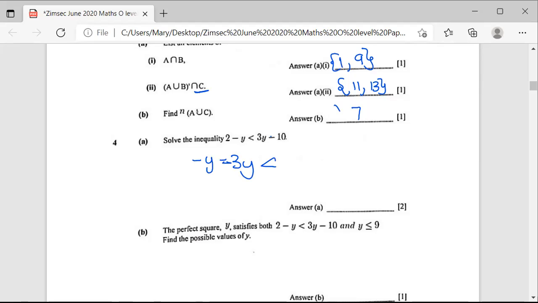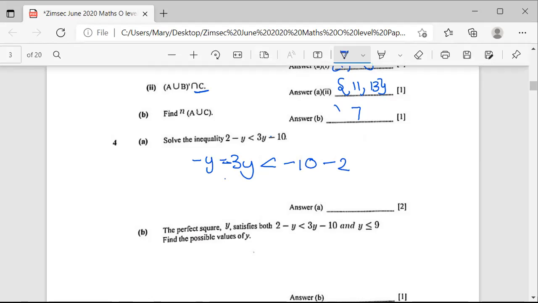Minus 10 minus 2, which is equals to minus 1 minus 3, which is equals to minus 4.